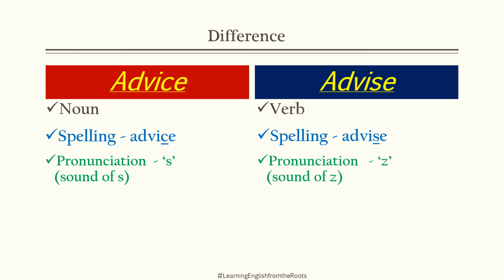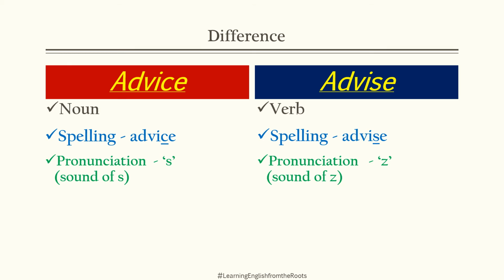And ADVISE, on the other hand, is pronounced as advise. The Z sound comes. So when you're using it as a noun, the sound that you should be getting is S. And for the verb, that is ADVISE, the ending sound is Z. That is one of the major differences in both of them.